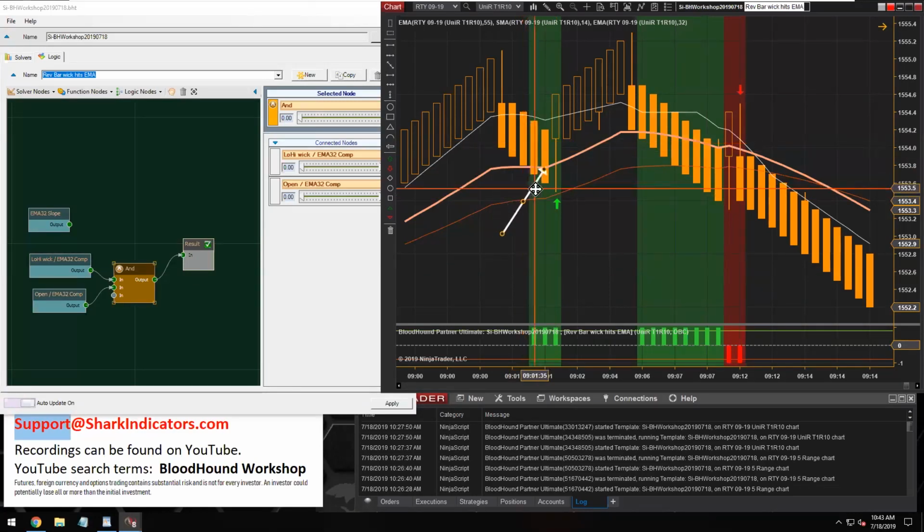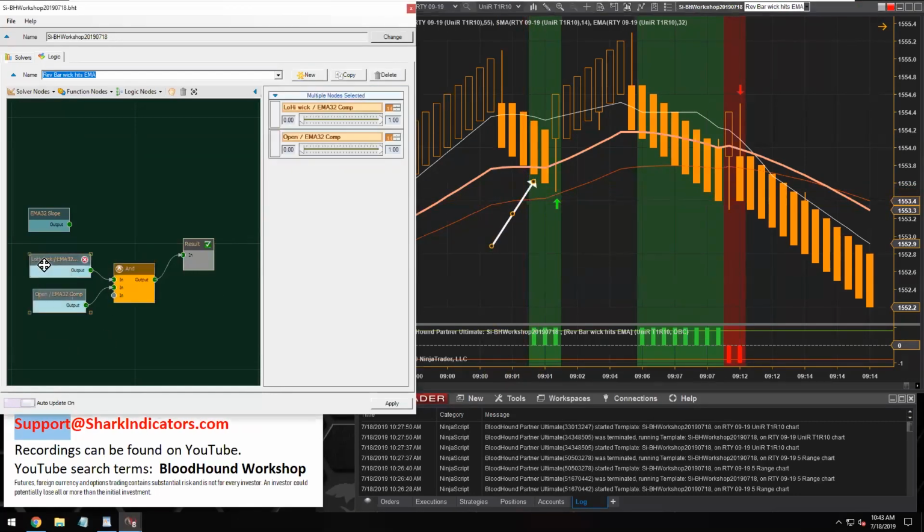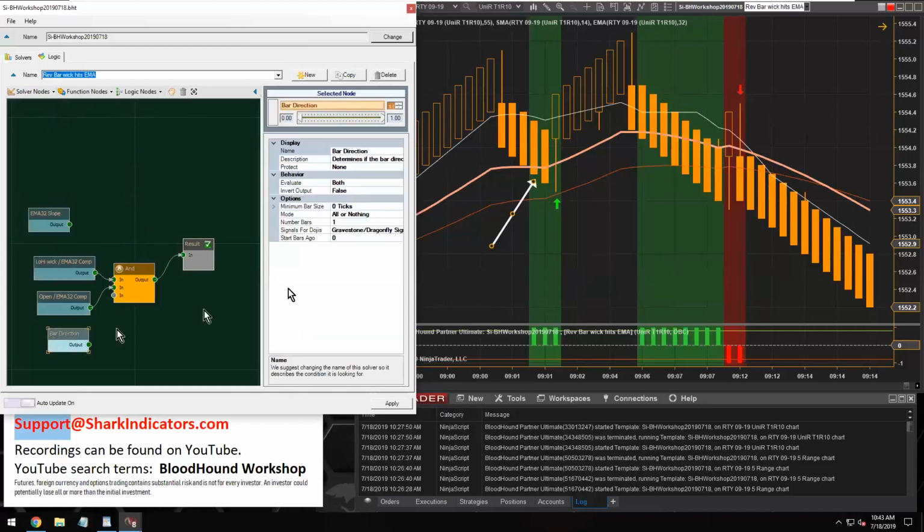So technically, the low and the open, even though they're the body of the bar, we should have a long output here. But if we wanted to clean this up so that this filter is working perfectly prior to the whole system being built, then what we could do is add a bar direction solver.